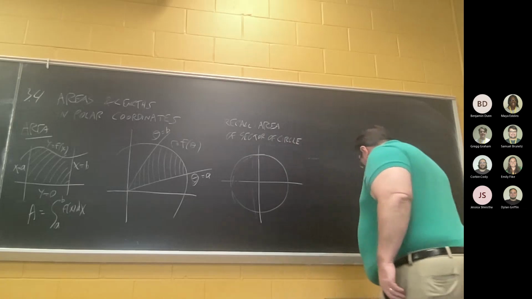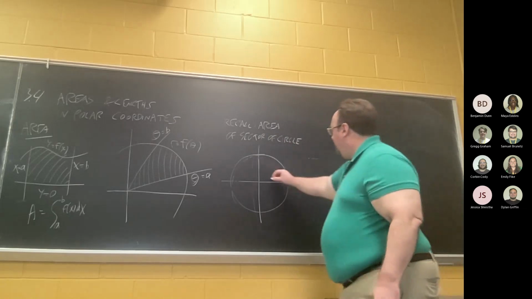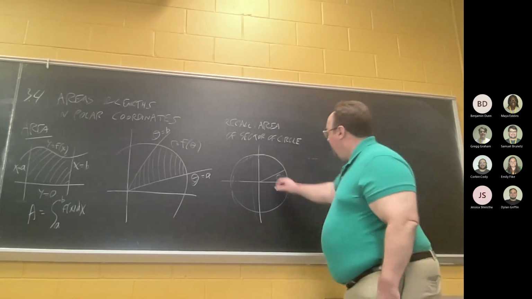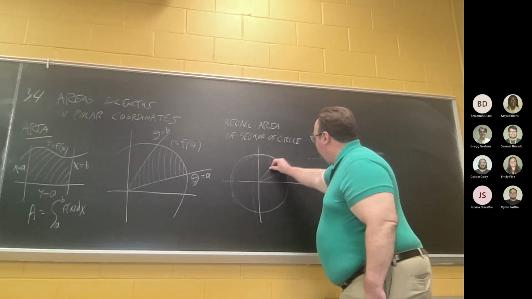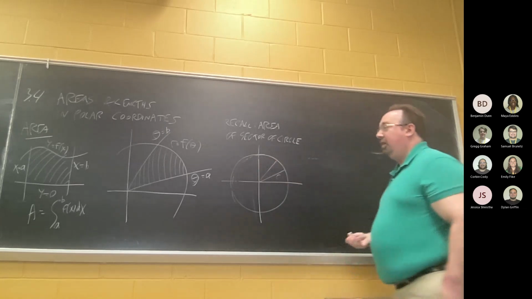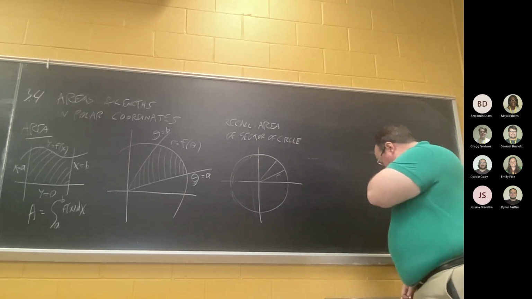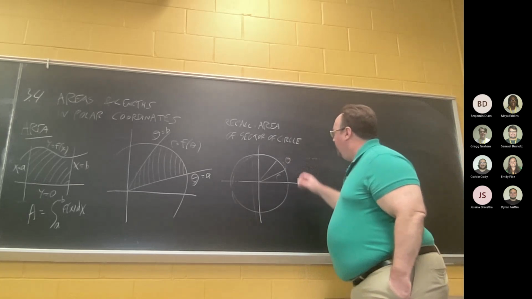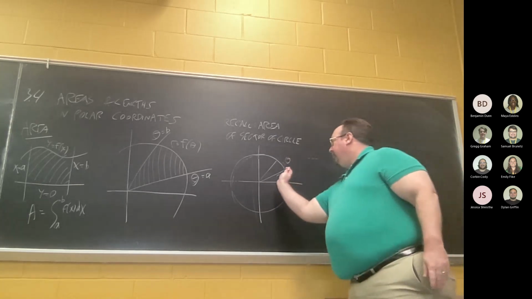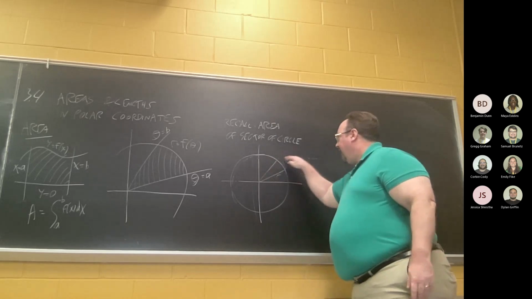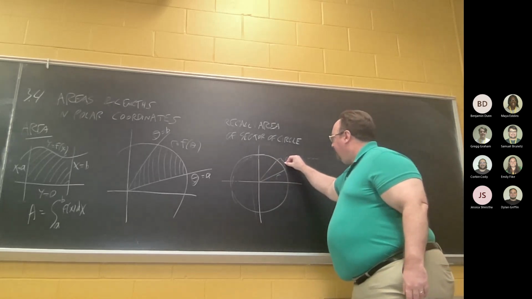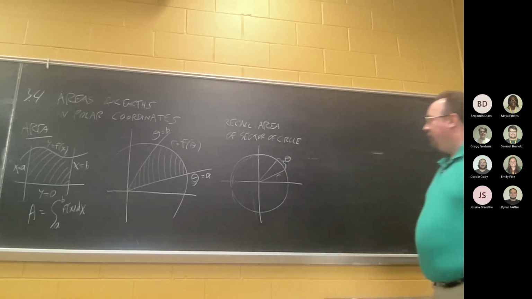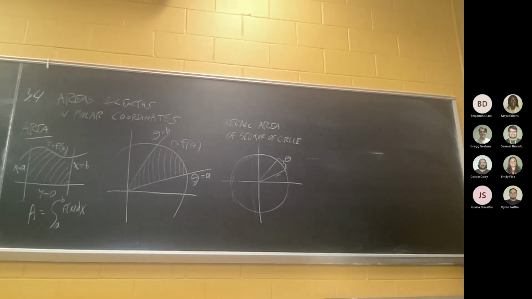So I have a circle of radius r, and I want the area not of a whole circle, but just a sector of it, basically a pie slice, where the angle swept out, if we sweep the area from this ray to this ray, the angle that's covered in between is theta radians. Then what is the area of that?